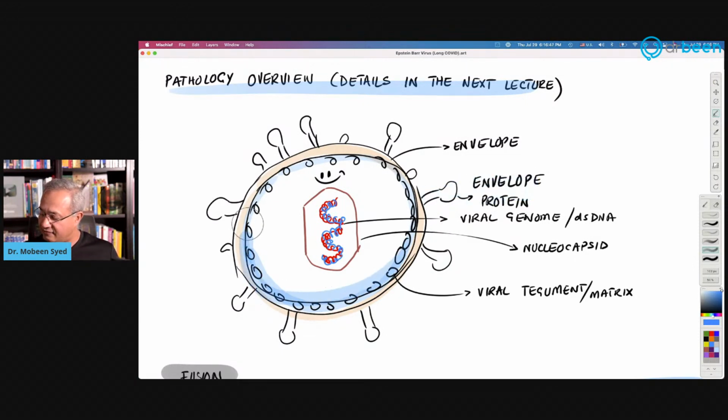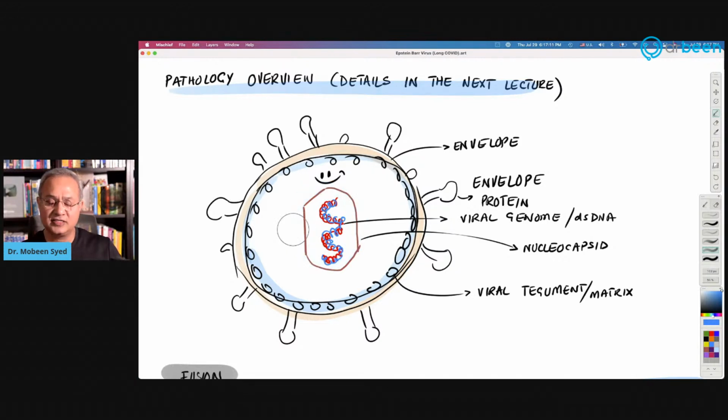Then inside the envelope is the tegument of the virus or matrix of the virus. Imagine that we have a sphere, a ball. Inside the ball is another ball. So that other ball is the tegument or the matrix. Then inside is the double-stranded DNA. And covering the DNA is the nucleocapsid.